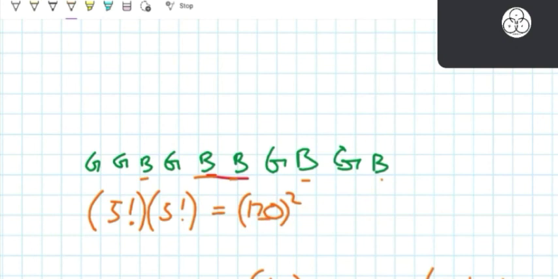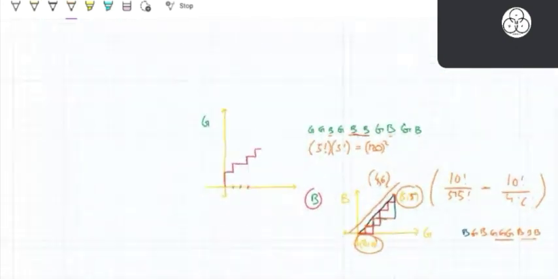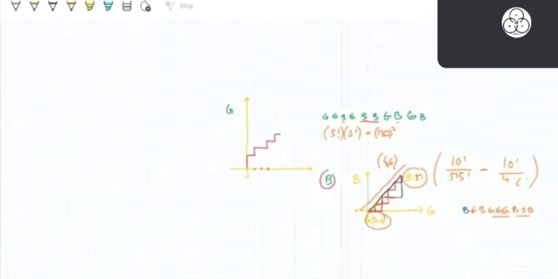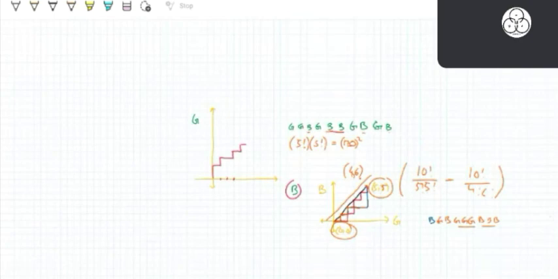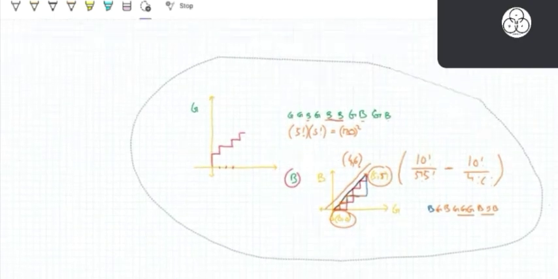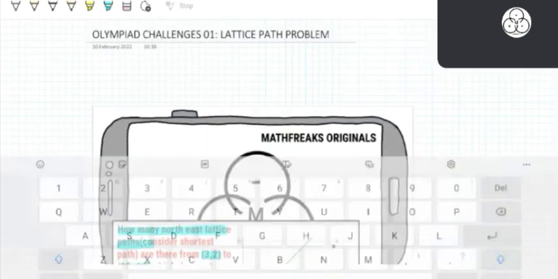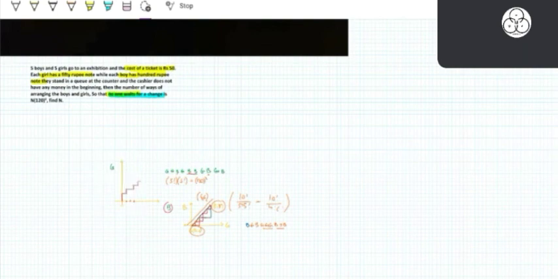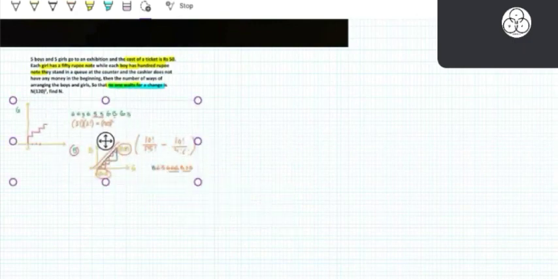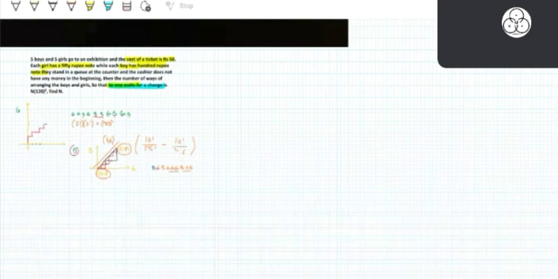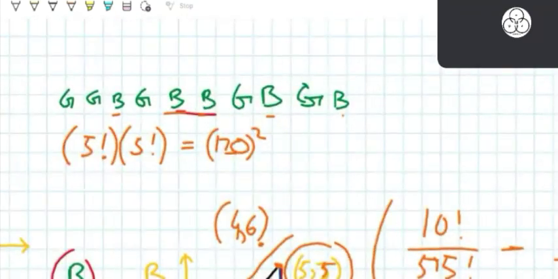And in the given question also, they have given this 120 squared value.